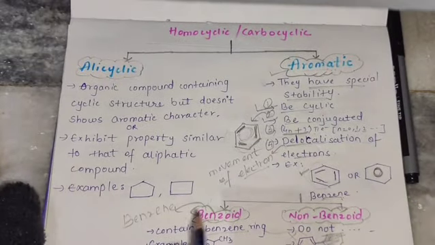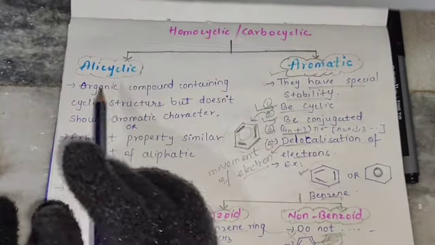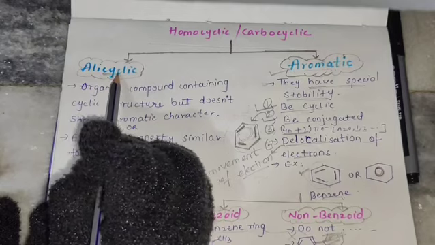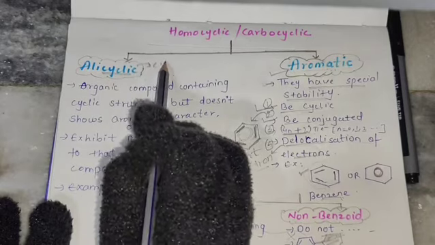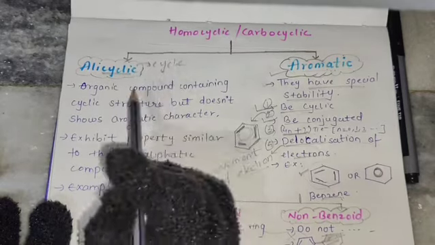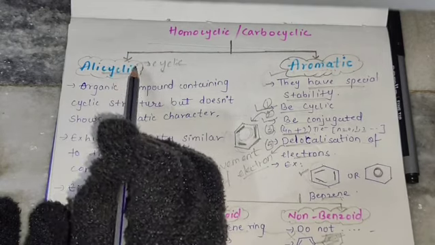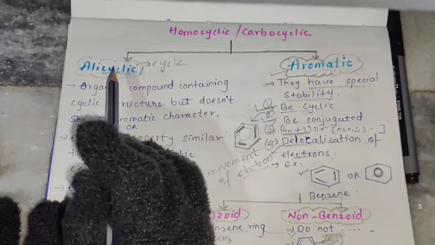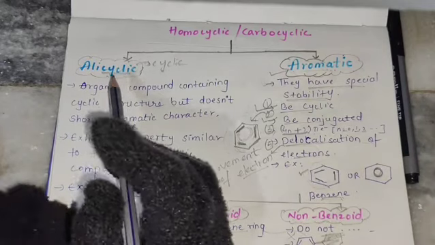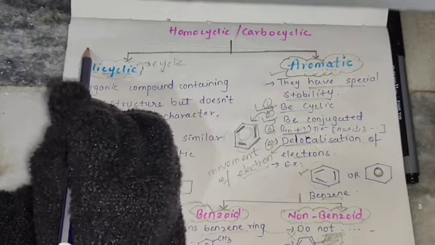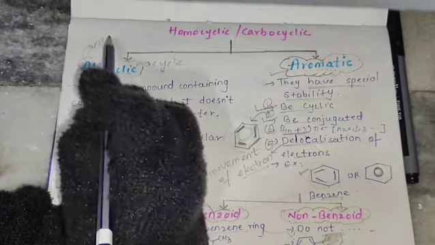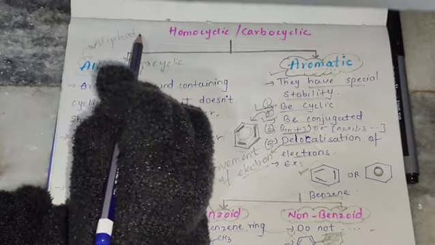Now let's move on to the alicyclic. Alicyclic, see here, the word cyclic comes, that means it is a cyclic structure. Okay, the structure will be closed. Whatever the structure is, that structure will be in the form of a closed chain. Okay, now this Ali word comes from aliphatic.